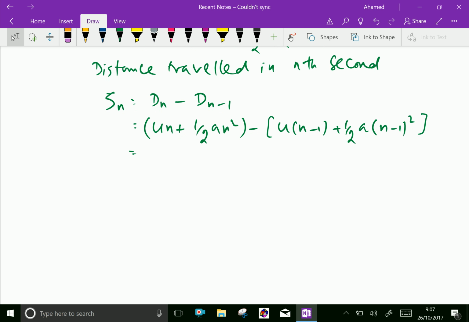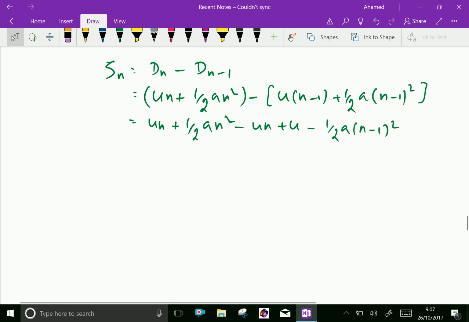We can simplify that. un plus half an squared minus un plus u minus half a times n minus 1 whole squared.